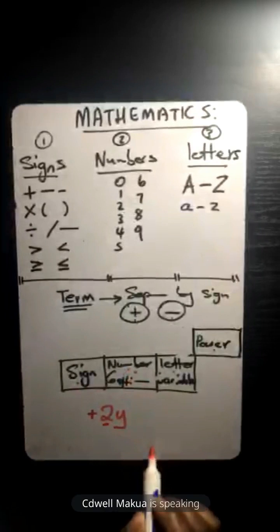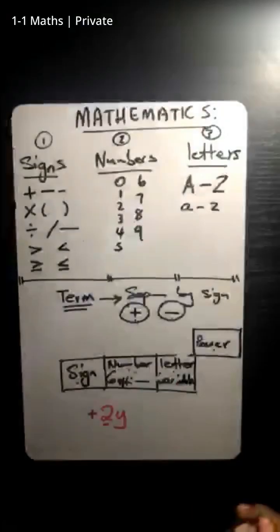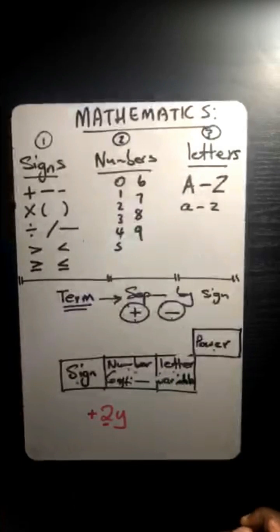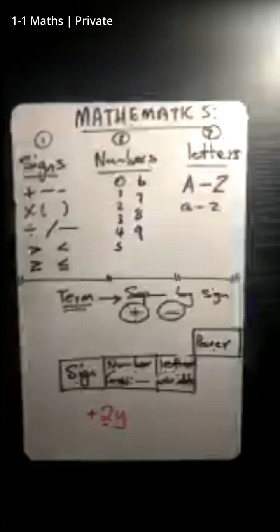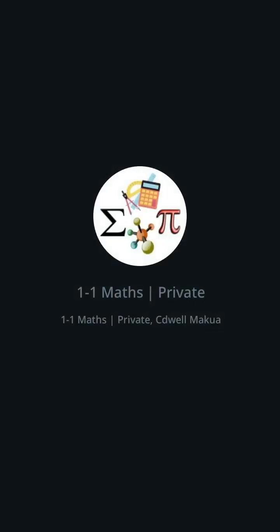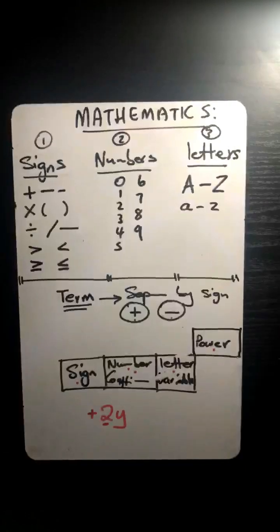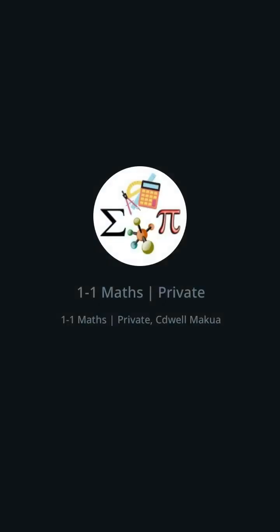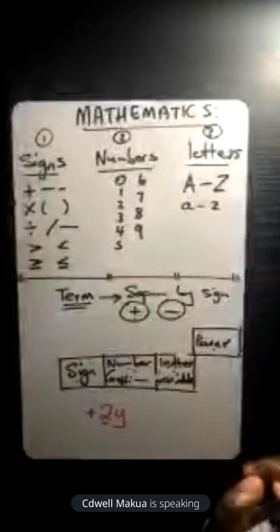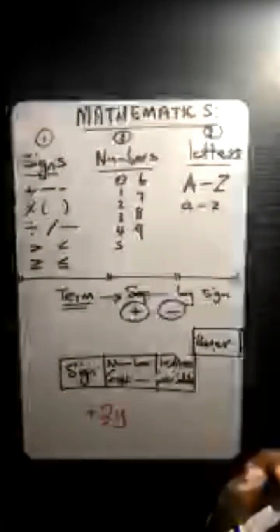Can I interrupt a bit? Okay, I can't see properly. Can you push it a little bit? Let me try, okay, let me switch it off and then I'll switch it on. Let's see. No, still the same. That 2y equals, you can push it.